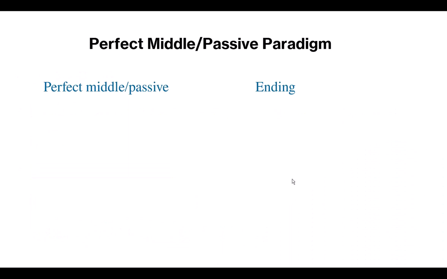So let's look at the perfect middle passive paradigm for, again, luo. So here we have lelumai. Perfect middle passive ending, mai just plugs right onto the stem. So there's reduplication, le, and then lu, and then the ending plugs right onto the stem. No tense formative, no connecting vowels.